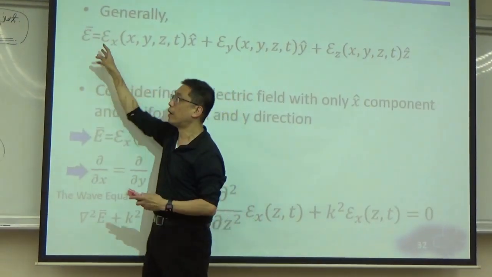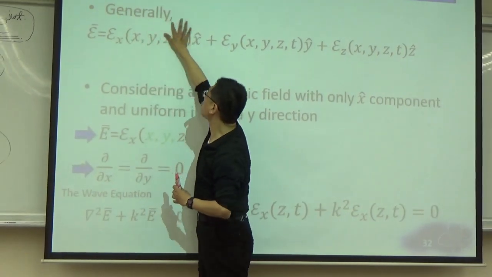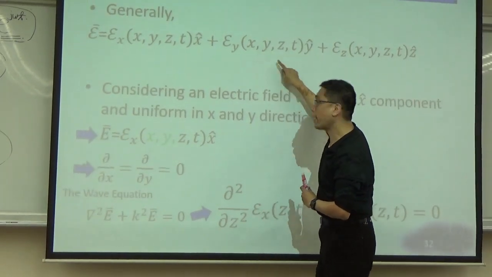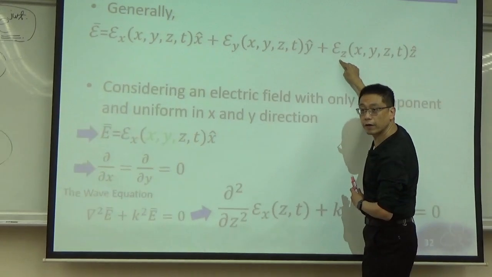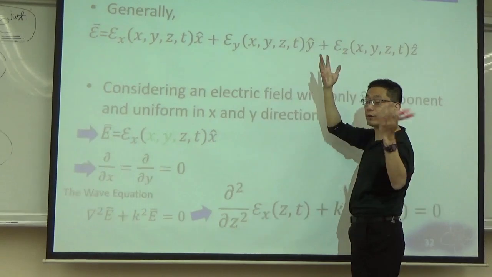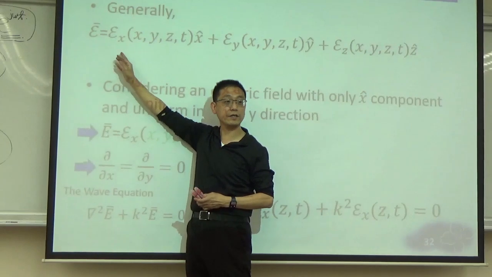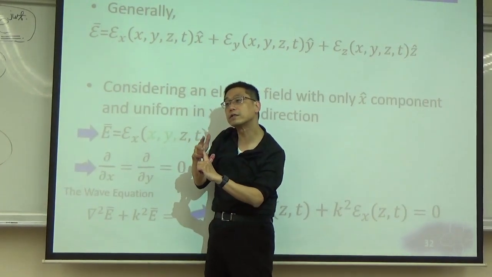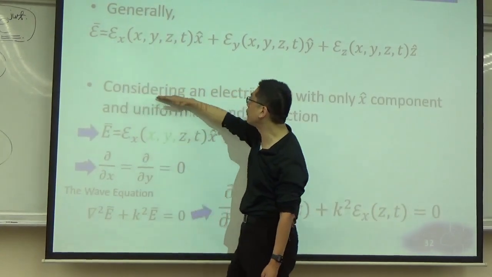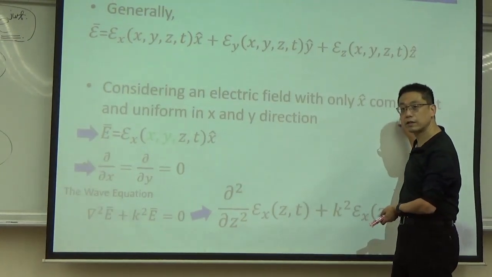It is an accumulation of X direction field, Y direction E field and Z direction field. Generally. So for the real world, for your E field, you have the XYZ components. There are many possibilities, right? It's the general way.